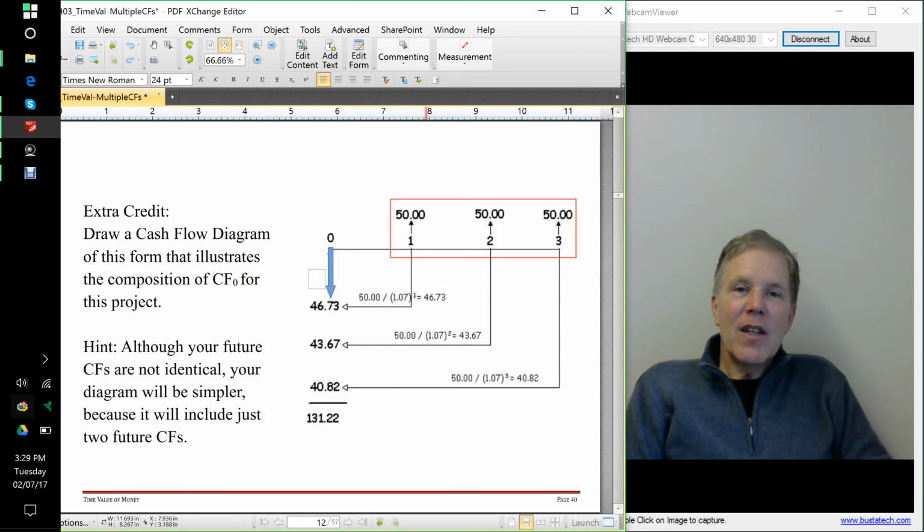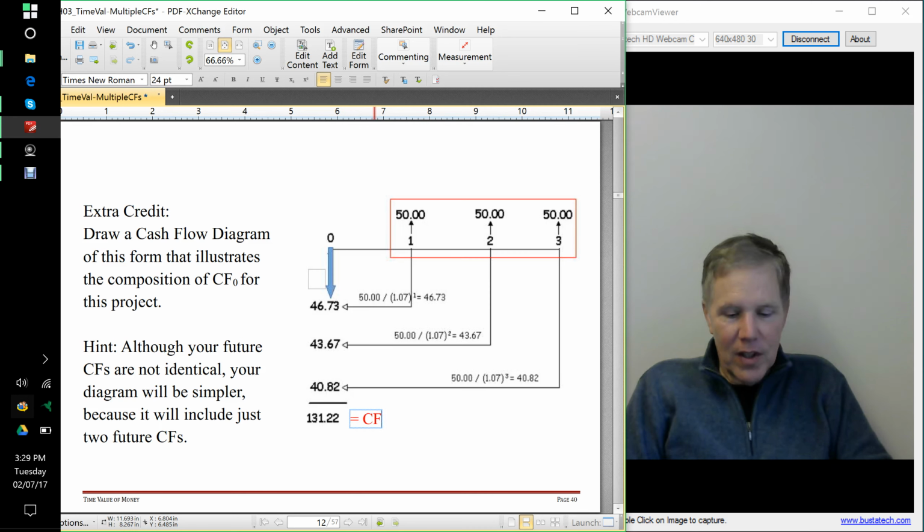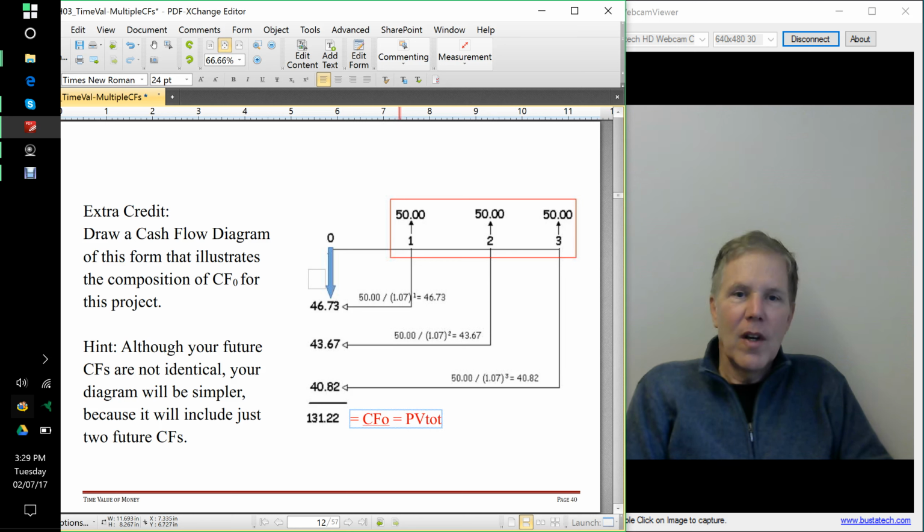But the thing that is important here is that it shows that this total CF0, we could also call it PV total.